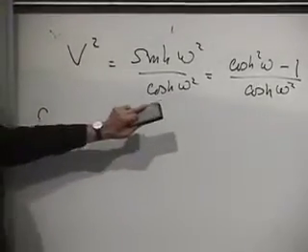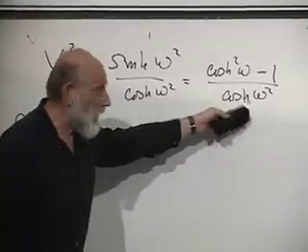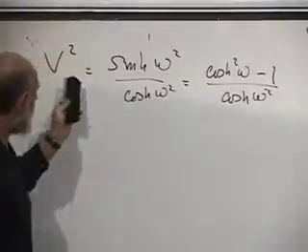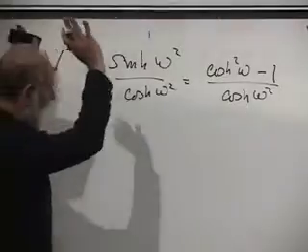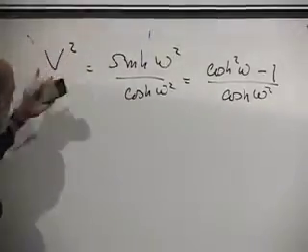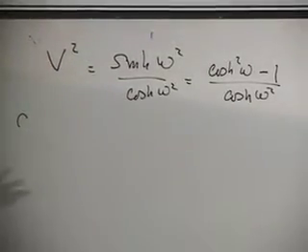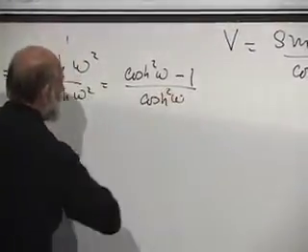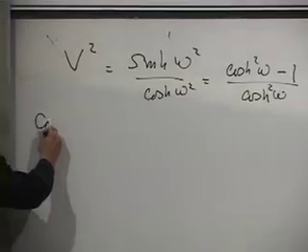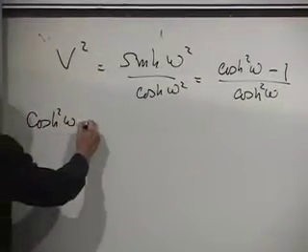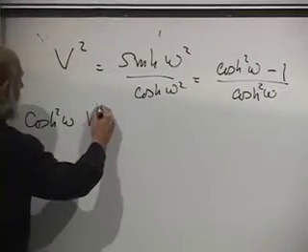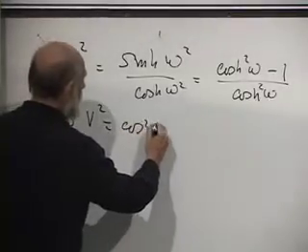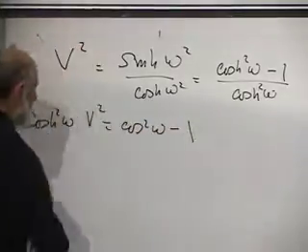What I want to do is solve for cosh omega in terms of velocity. I want to get rid of all these coshes and sinh of omega and rewrite it in terms of velocity. So first multiply by cosh omega squared. We have cosh squared omega times v squared equals cosh squared omega minus 1.